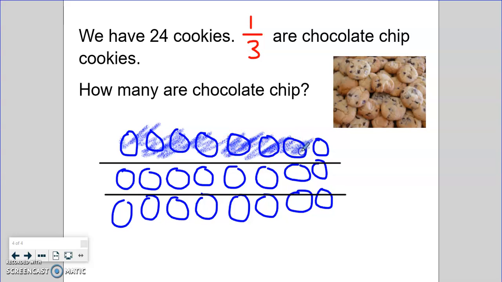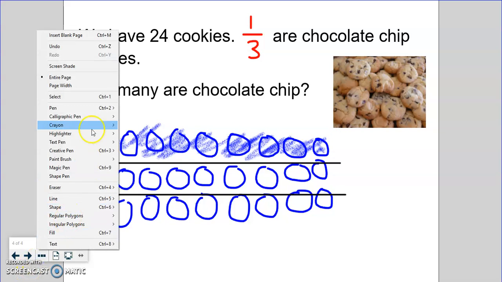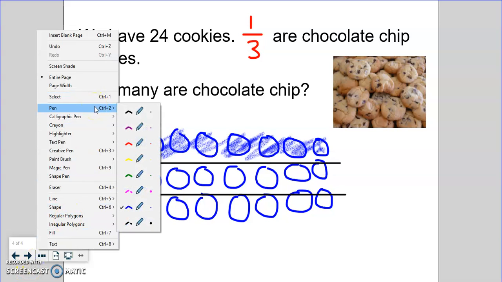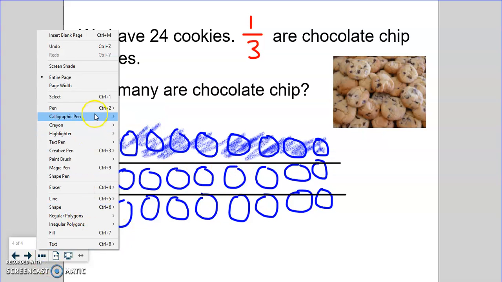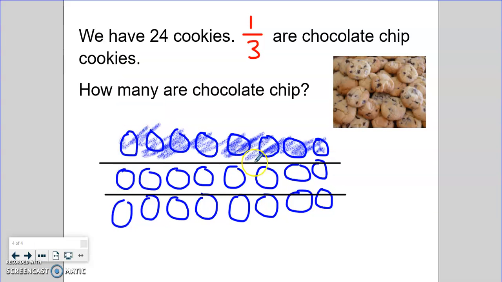And the question is, 1/3 of these guys are chocolate chip cookies. So how many of these little circles did I color in? I colored in 8. So 8 of my cookies are chocolate chip. Now sometimes you're not going to draw a beautiful picture like this, and that's okay.